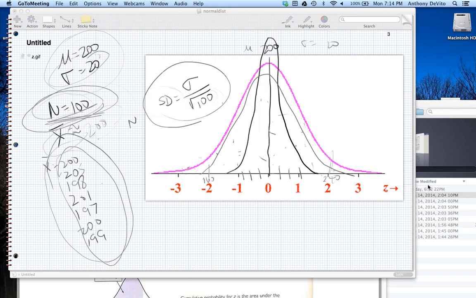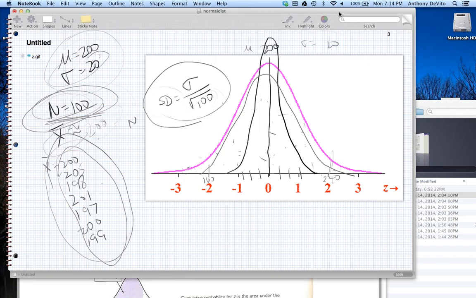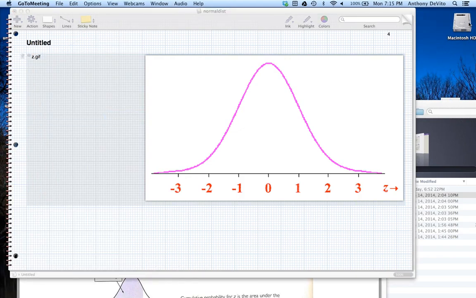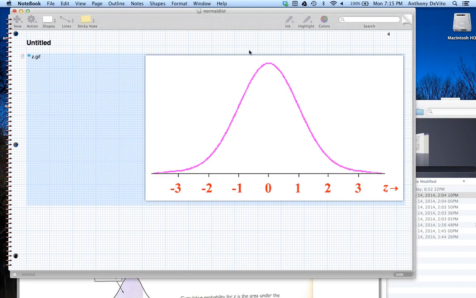The reason why it's a really important concept is because we never know the population. It's very rare that we would know what mu is.